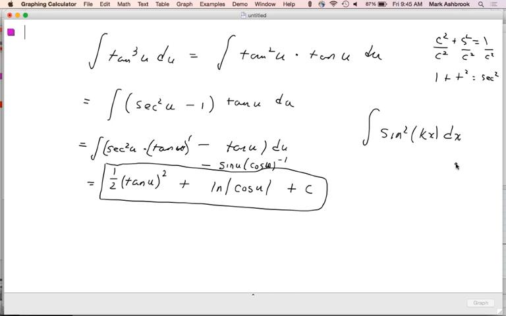Whenever it's not multiplied, so it's just sine squared or just cosine squared by itself, the way you do that is by the half angle formula. And I did an example like that on Wednesday.